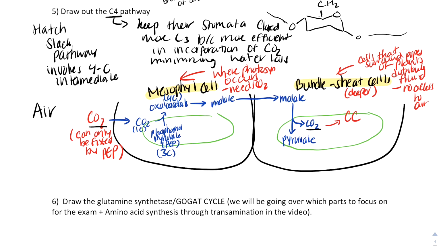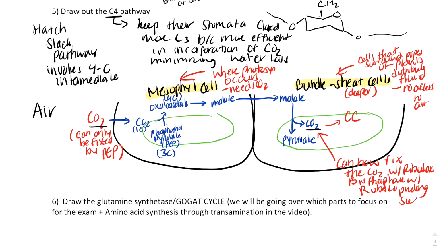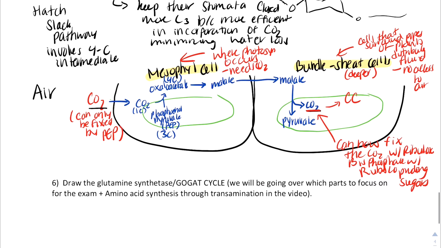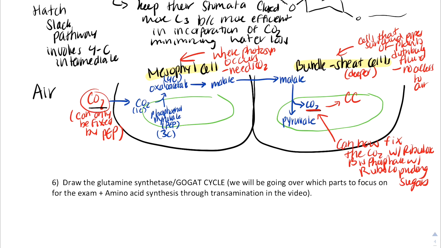Whereas the one that's in the bundle sheath can now fix the CO2 with ribulose bisphosphate with Rubisco, producing sugars. So this CO2 is the one that you see in the Calvin cycle, whereas the one here cannot be fixed by Rubisco.